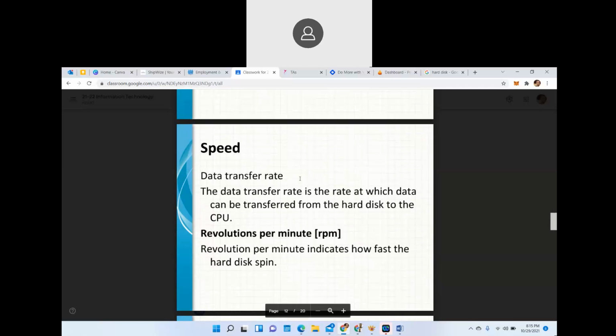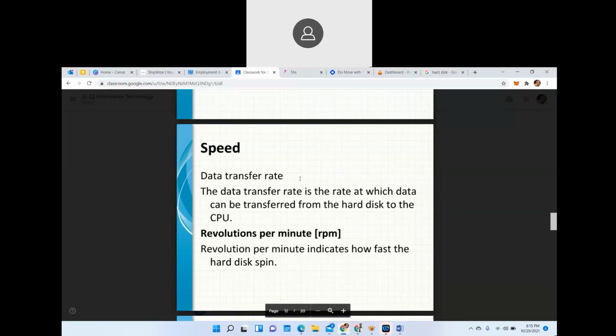And when we talk about hard drive speed, speed is measured in revolutions per minute. Because remember, I said that inside a hard drive are some disks that are spinning. So the hard drive speed is measured in revolutions per minute.